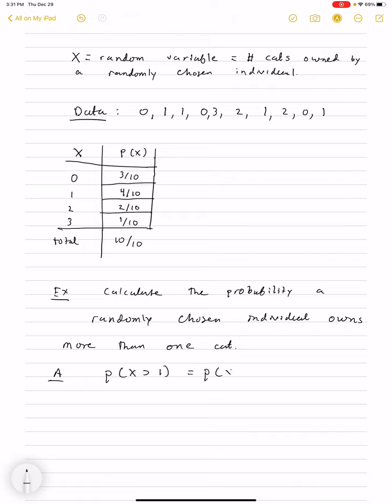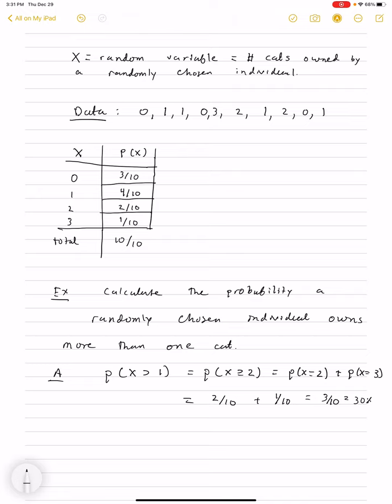Another way of writing this would be x bigger than or equal to 2 because they're integer outcomes. And the only outcomes that are bigger than 1 are x equals 2 itself and x equals 3. When we add those, we get 2/10 plus 1/10, so 3/10 or 30%. Okay.